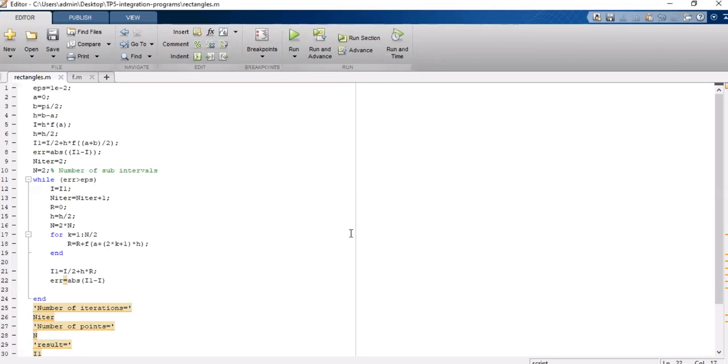So what is the result? I1 is 1. There's something maybe wrong here. Okay, let's take 6 here.